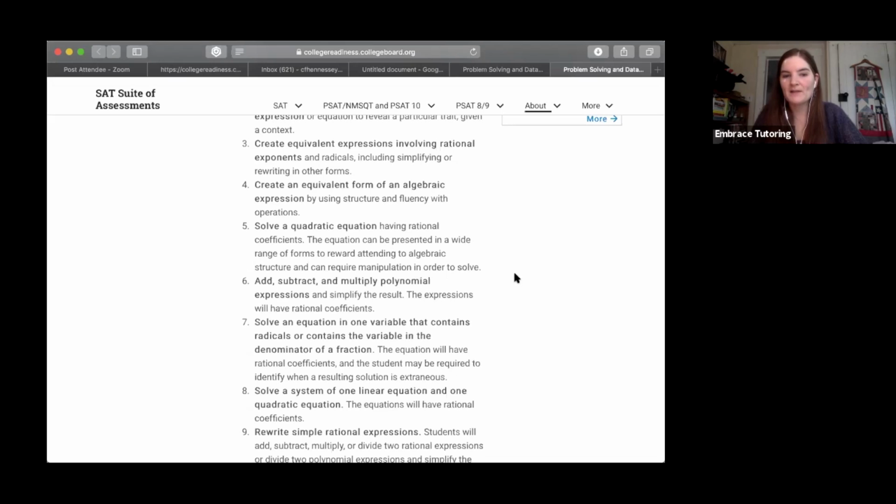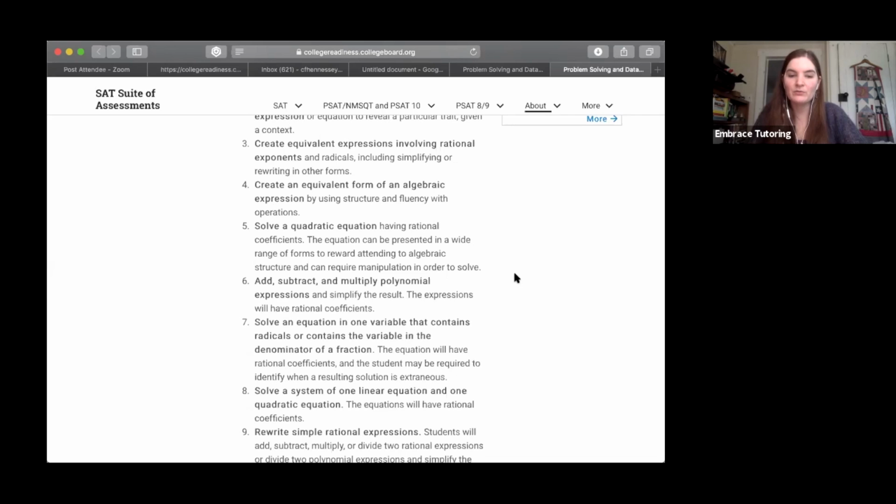You might also be asked to do things like adding, subtracting, and multiplying polynomial expressions and simplifying the result. The expressions are going to have rational coefficients, so you're going to need to know how to deal with polynomials, what they are, how to manipulate them and simplify.